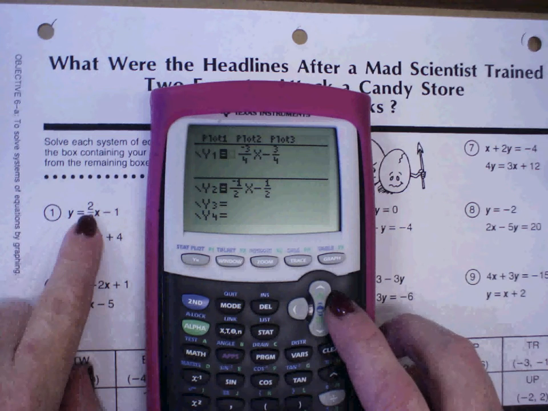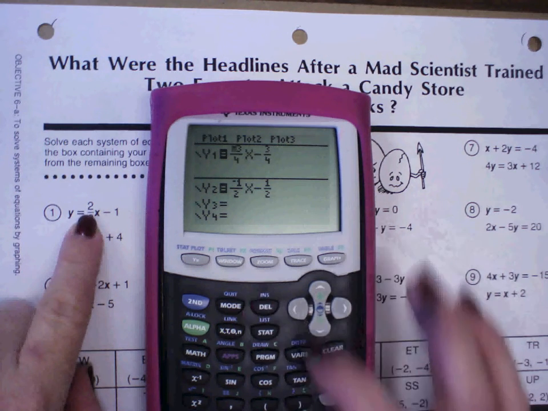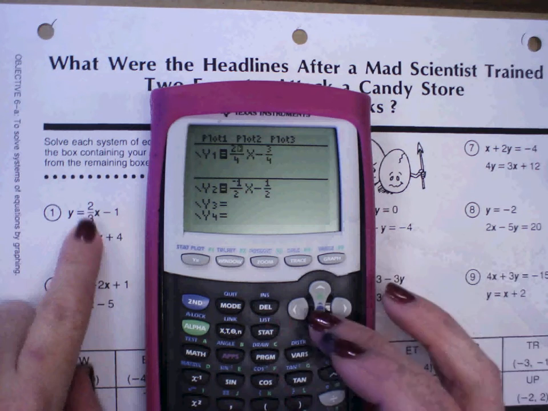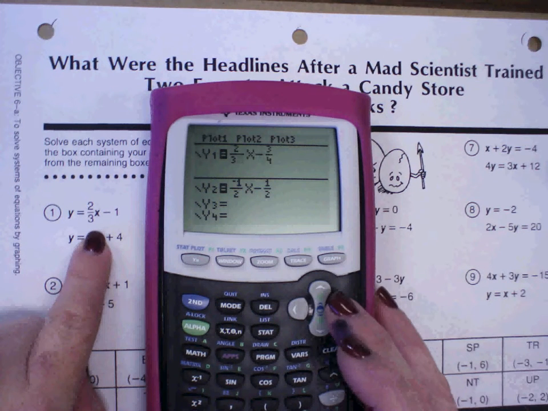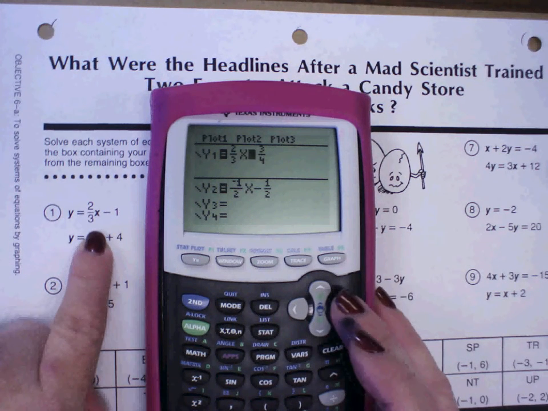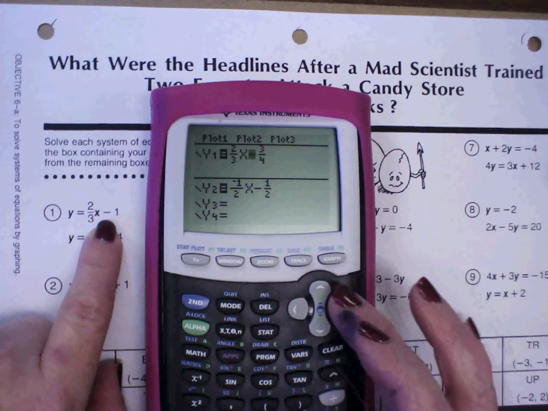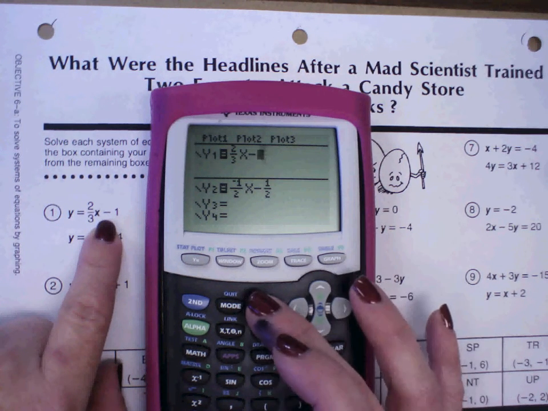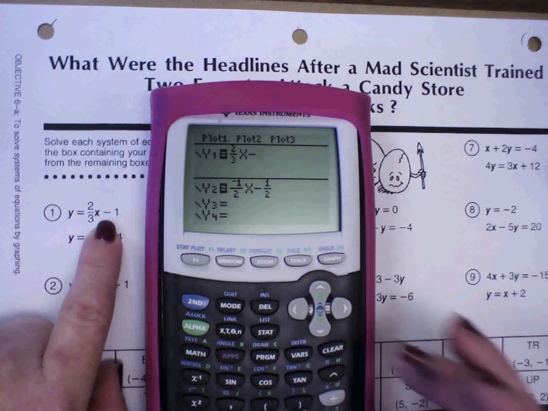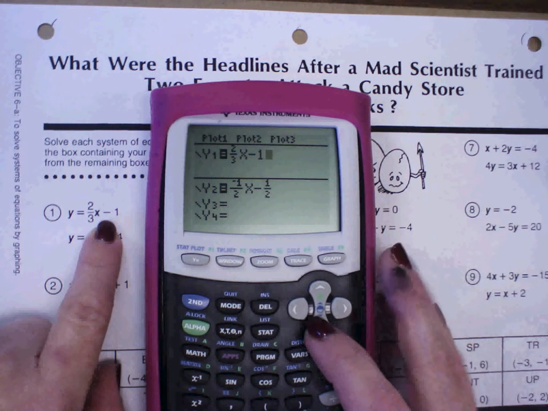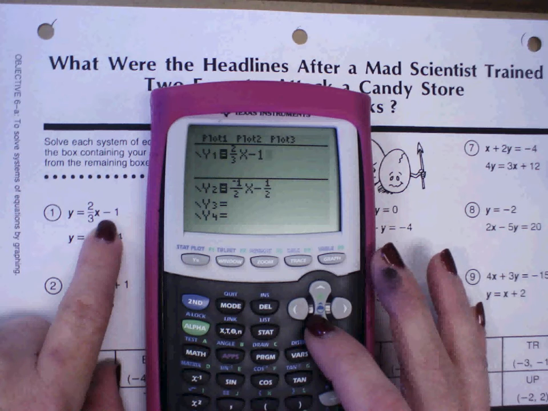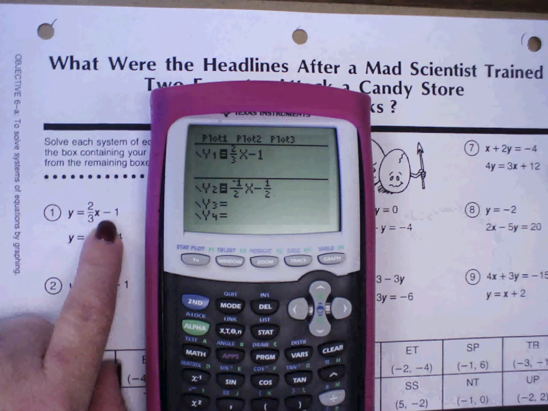You see what I'm doing so that I don't have to write the fraction again? And then I'm going to delete all that and put the minus 1. Now, if you want to just clear the whole thing and write everything again, it's okay. I like to work smarter, not harder.